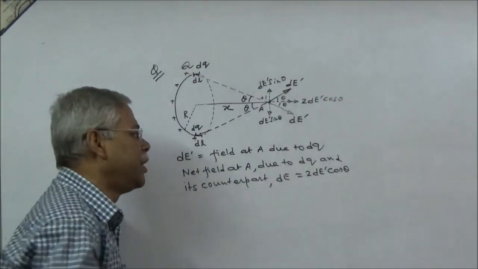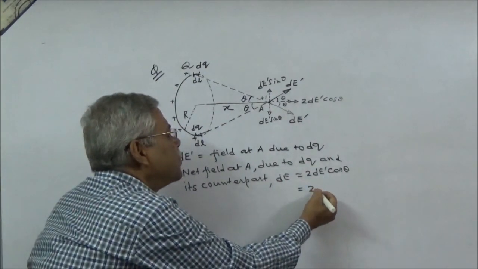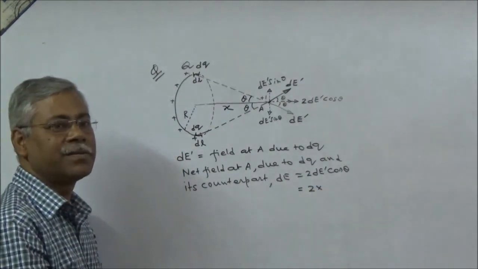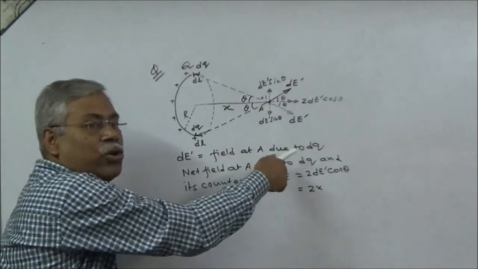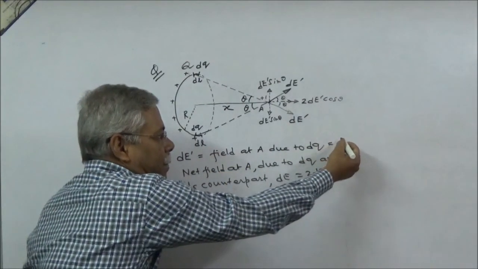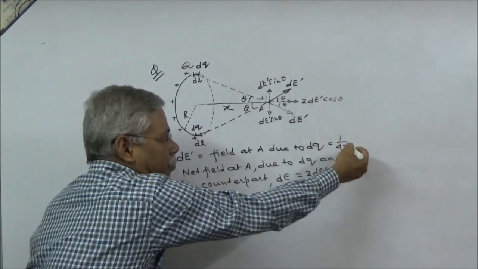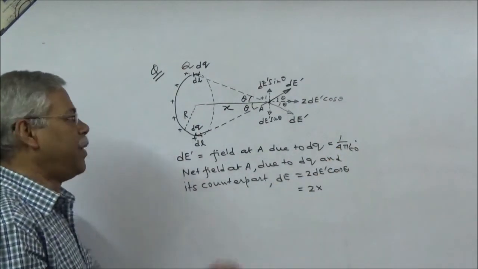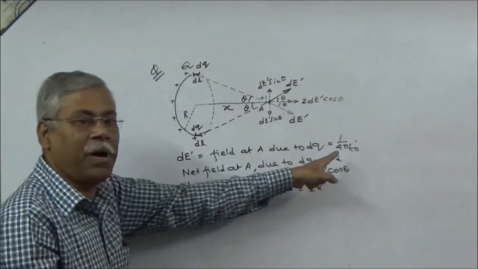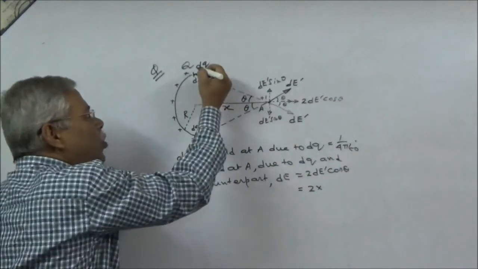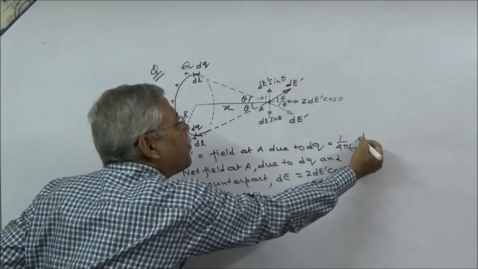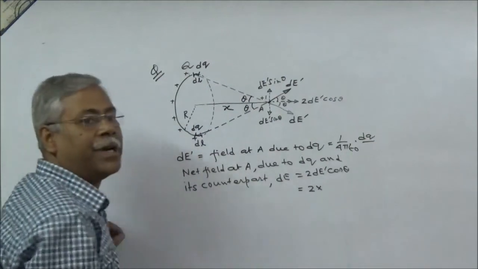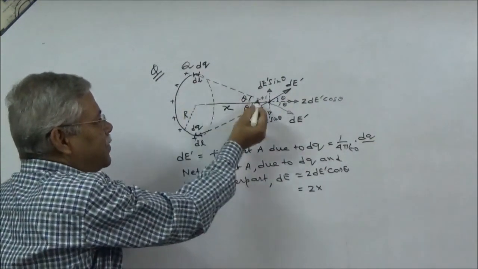Now write dE dash, the field at A due to dq, right here. Field at A due to dq is 1 by 4 pi epsilon naught into dq into 1 divided by, what is the distance?